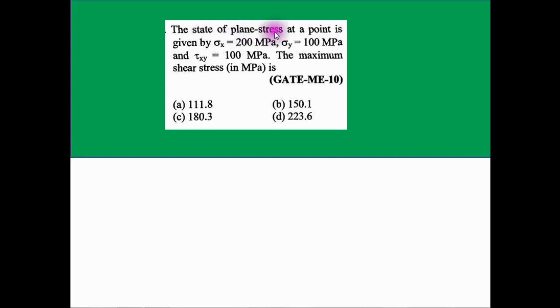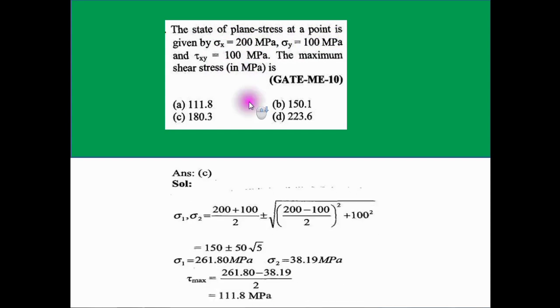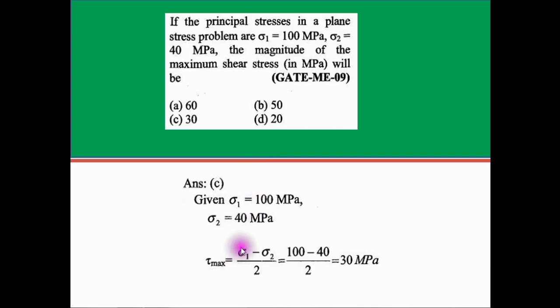The state of plane stress at a point is given by sigma x 200 megapascal, sigma y 100 megapascal and tau xy 100 megapascal. The maximum shear stress is given by this formula. These are not the principal stresses, hence we cannot use the formula tau max equal to sigma 1 minus sigma 2 divided by 2.